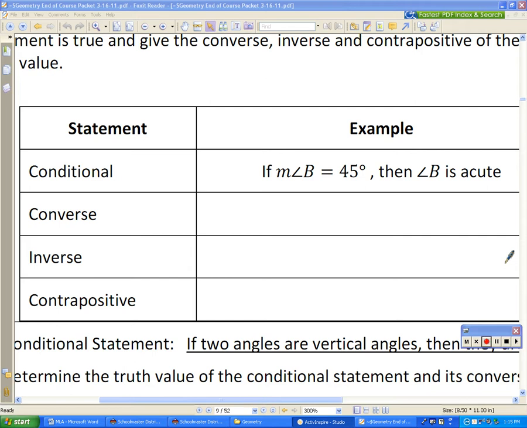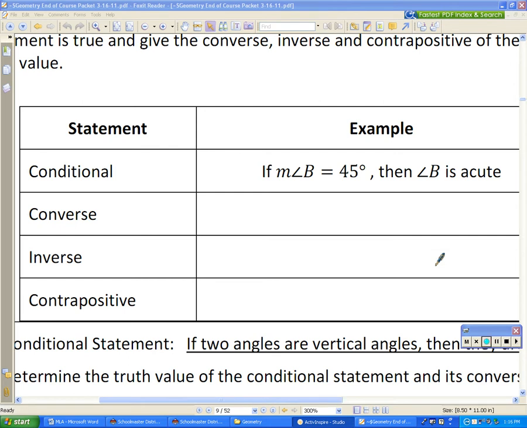So I just put if the measure of angle B is not 45, I'm going to shorten a little bit here, then not acute. If not 45 degrees, then not acute.